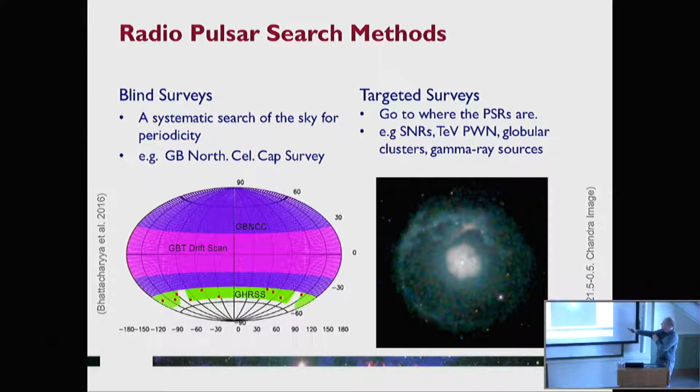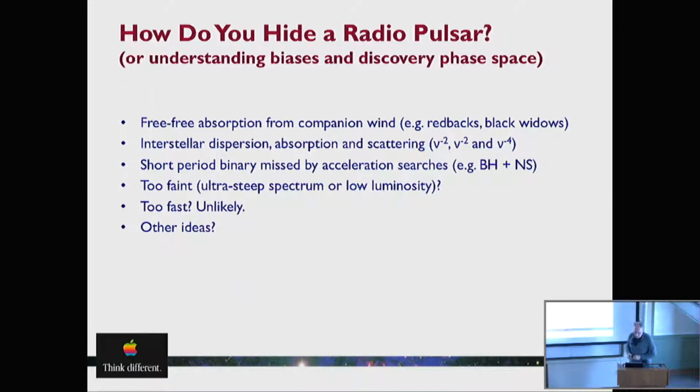The other technique, of course, is to go where the pulsars are, as in this beautiful Chandra image. There's a pulsar down in here. So you stare at regions where you know there are pulsars, a more targeted approach: gamma ray sources, SNRs, TeV sources. Here you can tailor your search a little for the object, but in the blind search you're really applying the same search technique globally across a large region of the sky.